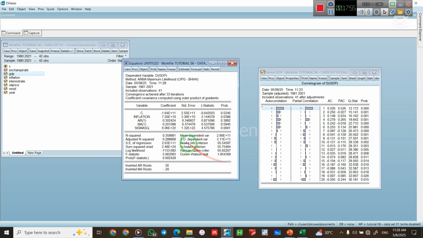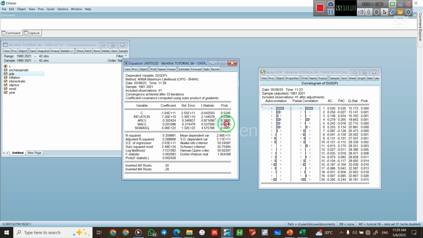So in here you can see that the R square is around 35% and 30%, and the overall model is significant because the probability value of the F statistic is less than 0.05, and we can see that inflation becomes significant because it is less than 0.05.